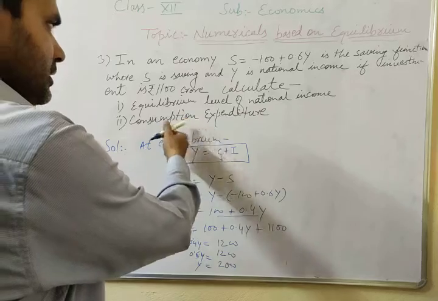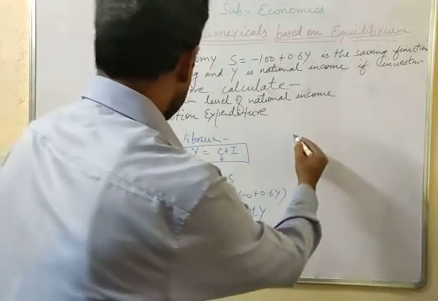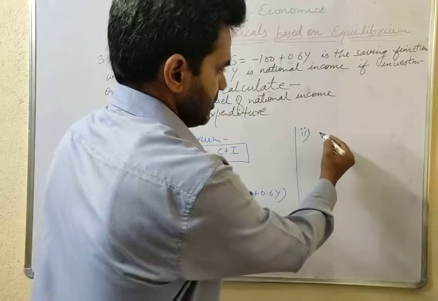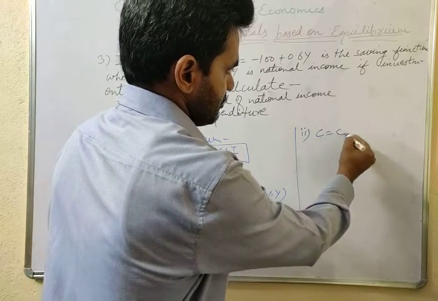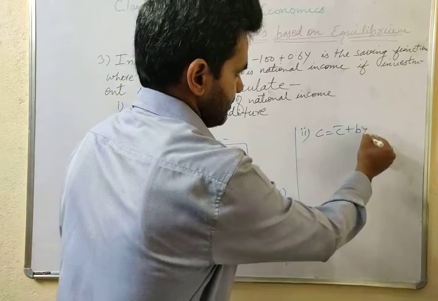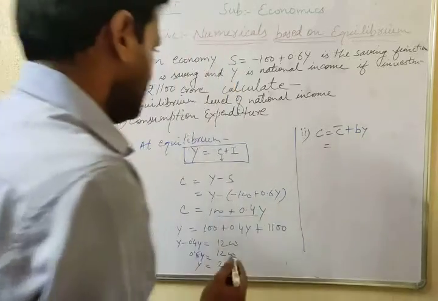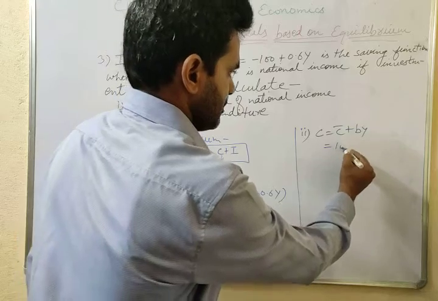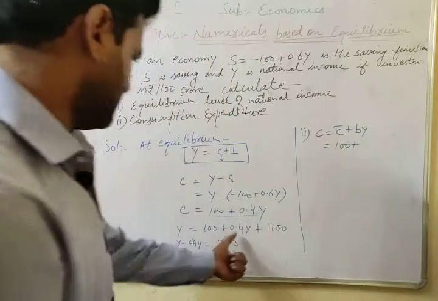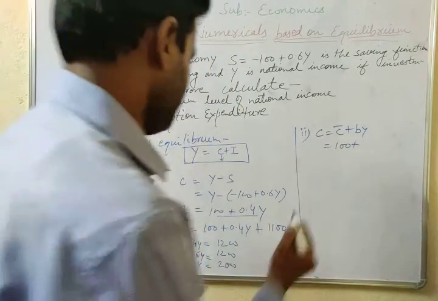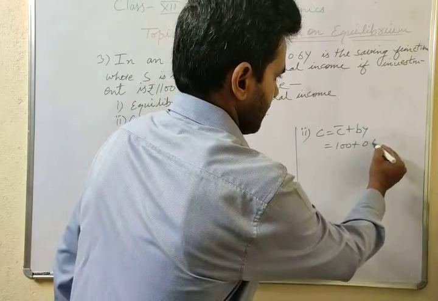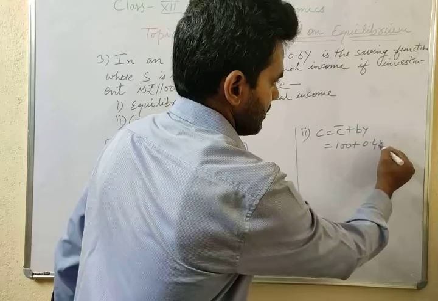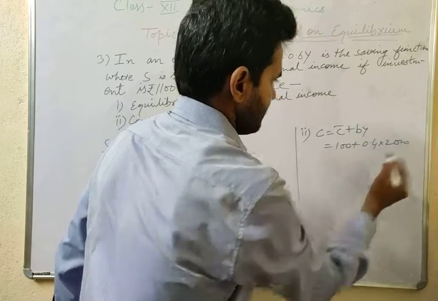Now we calculate the consumption expenditure in the second part. So C is equal to C bar plus bY, and C bar we know is 100, plus 0.4 into Y, which is 2000.